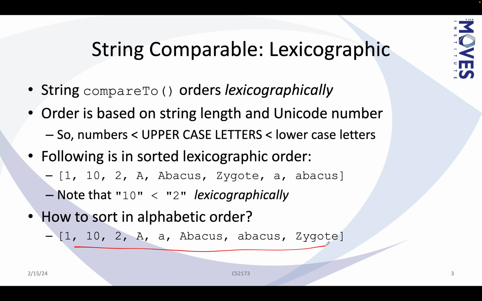And now the string class actually has a comparator that sort of does it, but it doesn't do it the way you would want. So in this particular case, I want to have these separate.